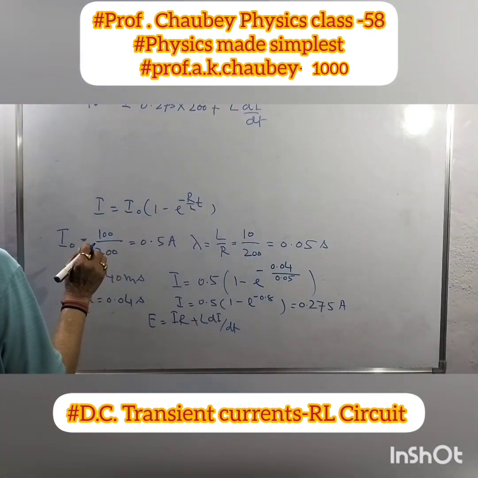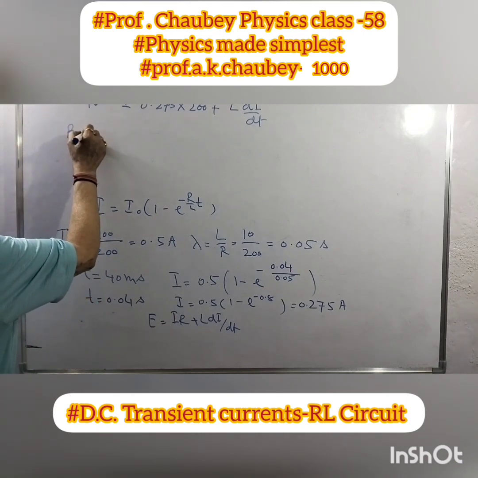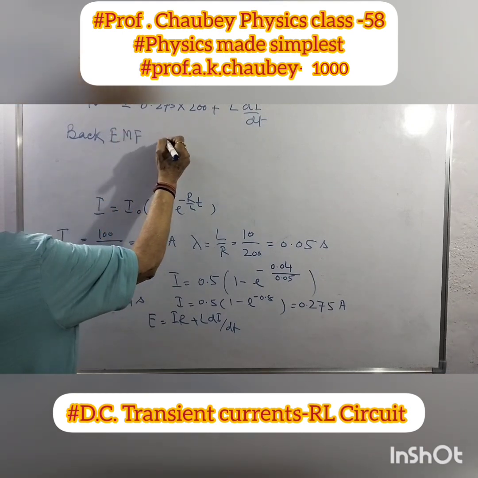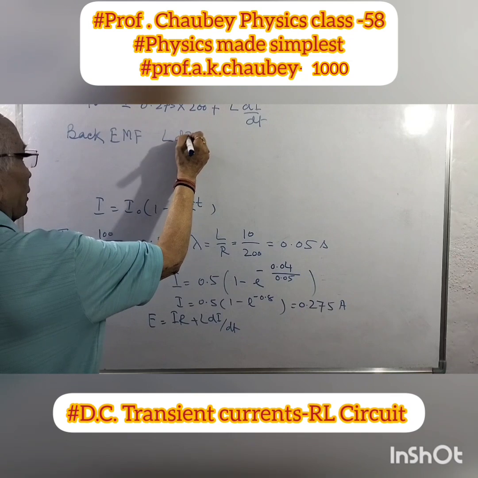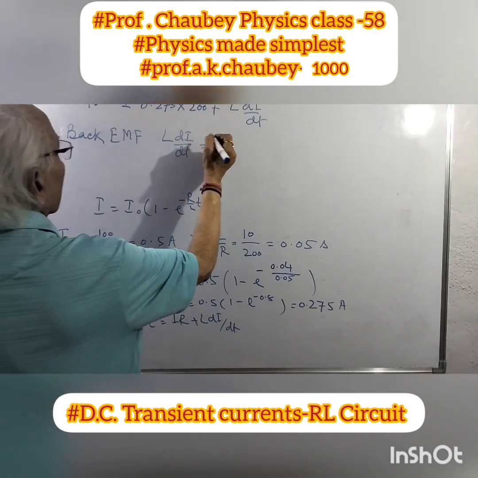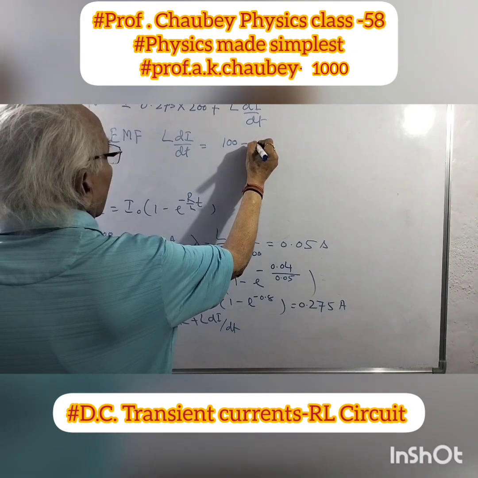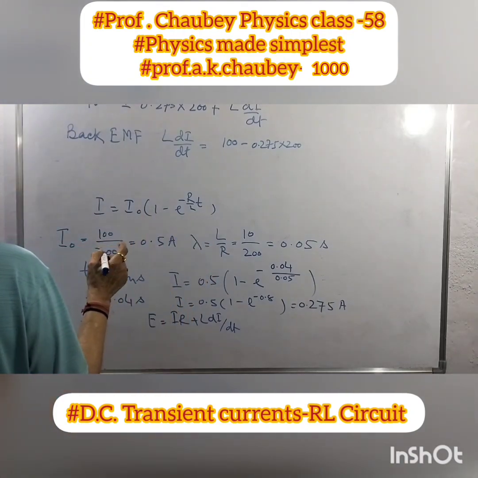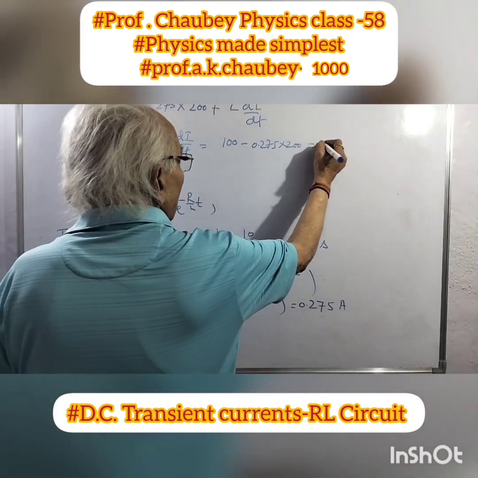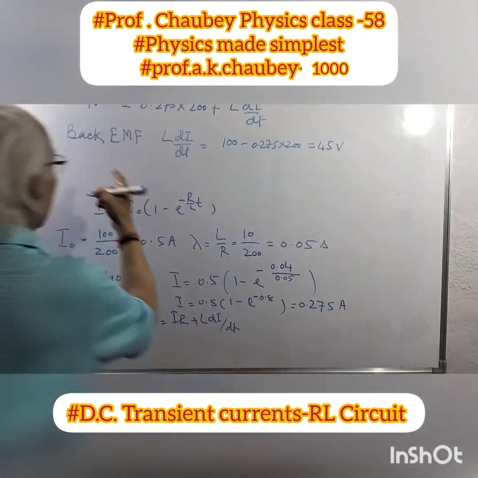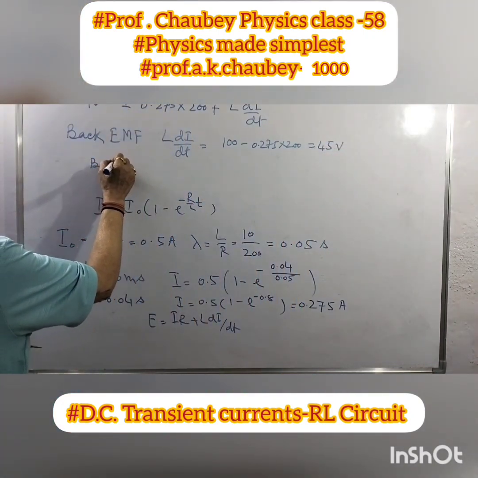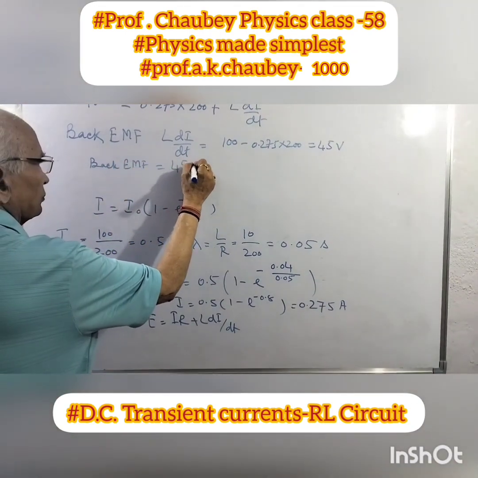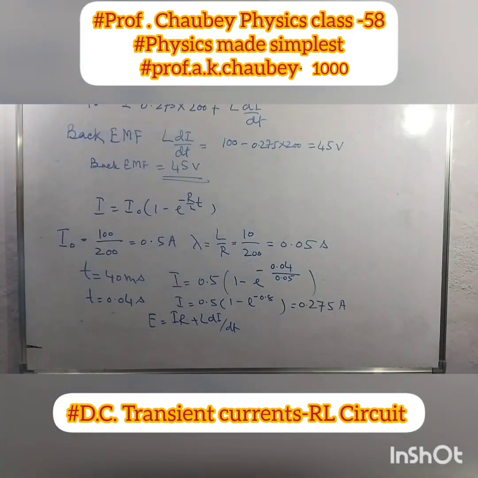So this gives you the back EMF. That is Lenz's law: the inductance gives back EMF. How much back EMF? L di dt, that is the induced potential. It is equal to 100 minus 0.275 into 200. So this gives you 45 volt. So the back EMF is 45 volts. This is the answer to this question.